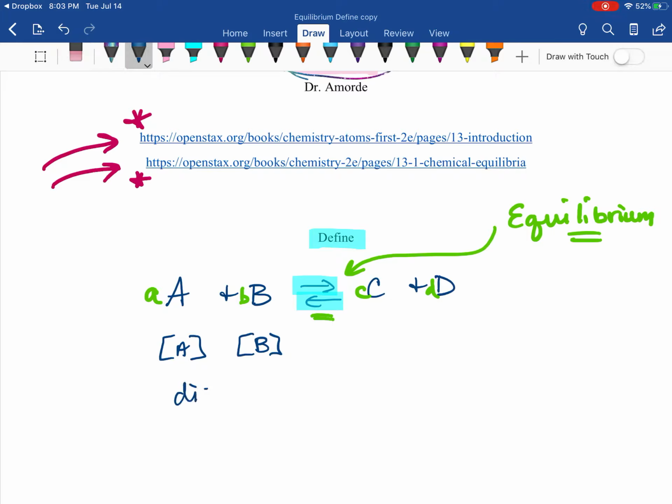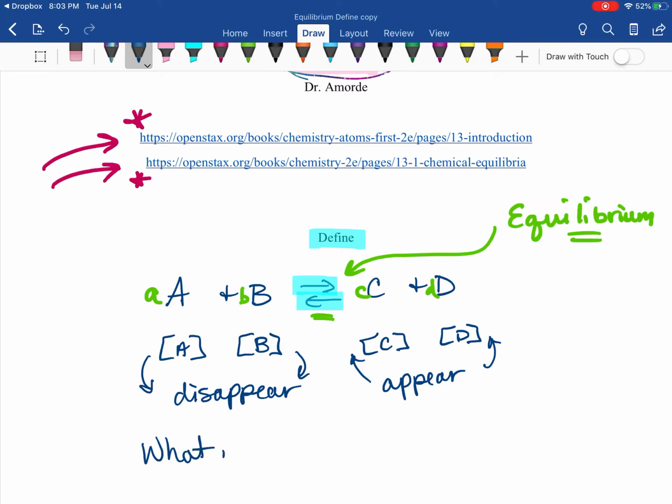So those concentrations are actually going to start to disappear. And then as those are disappearing, what are you seeing on your product side? You are seeing your products appear. Okay, we learned that in kinetics. That's pretty straightforward. You start to see your concentrations go down in your reactants, and you start to see your concentrations go up in your products.